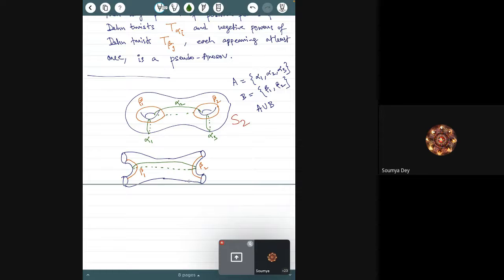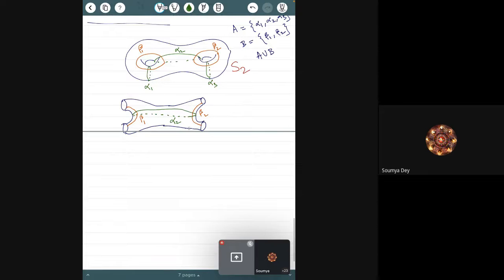Now we want to cut these also. So let's cut along this alpha 2. So we have two disjoint components. If we cut along this alpha 2, we will have two pairs of pants. It will be something like this.